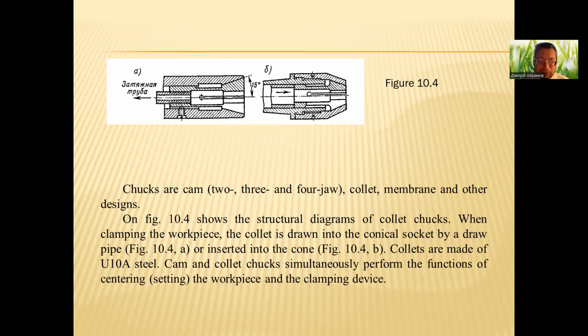Collets are made of U10A steel. Cam and collet chucks simultaneously perform the functions of centering or setting the workpiece and the clamping device.